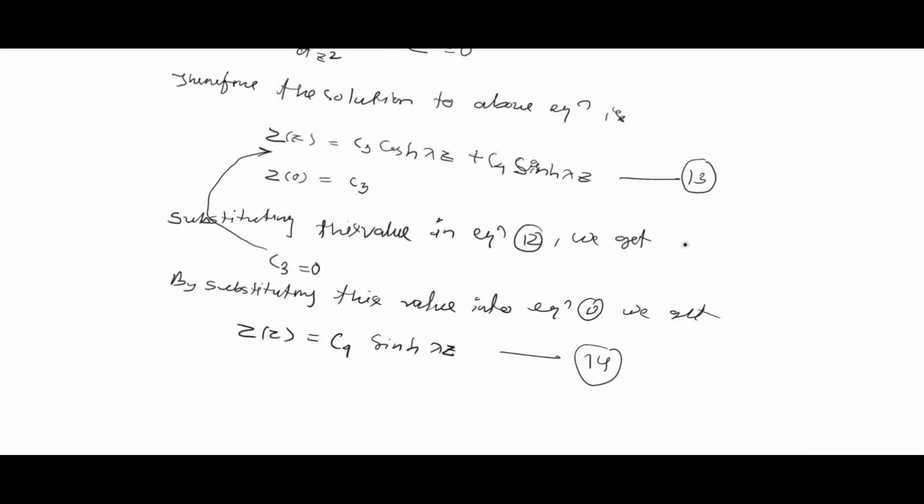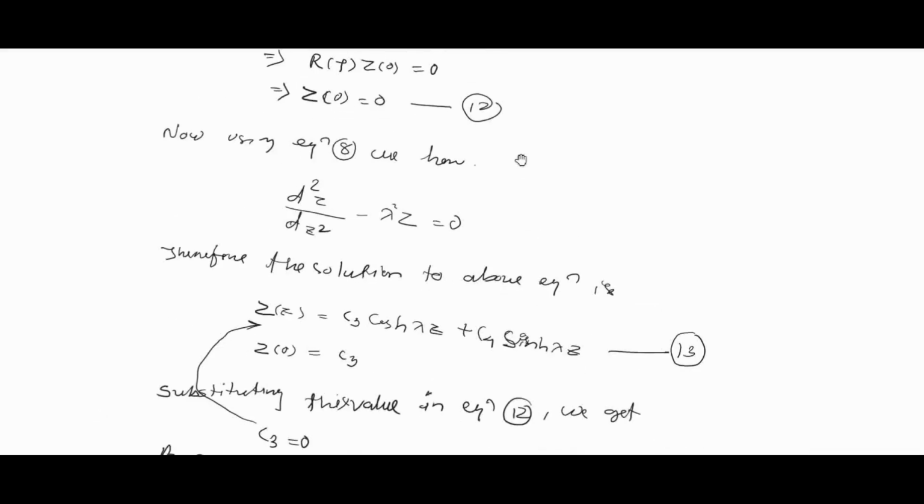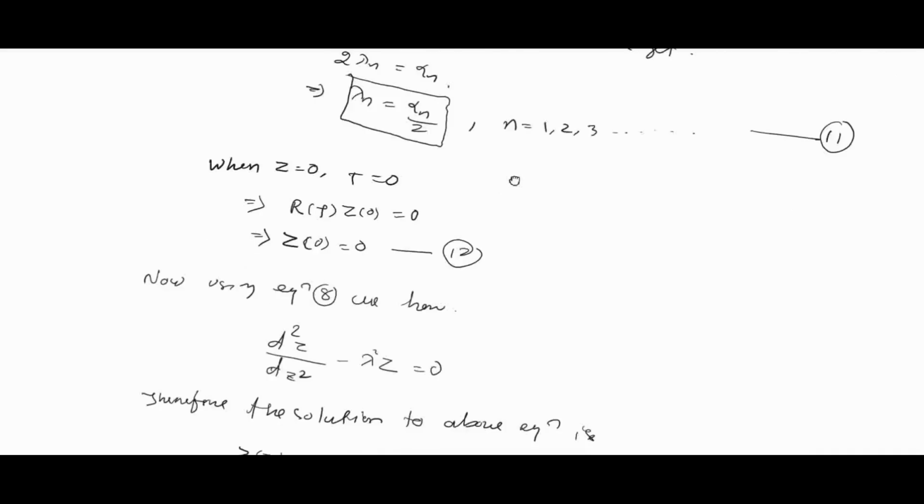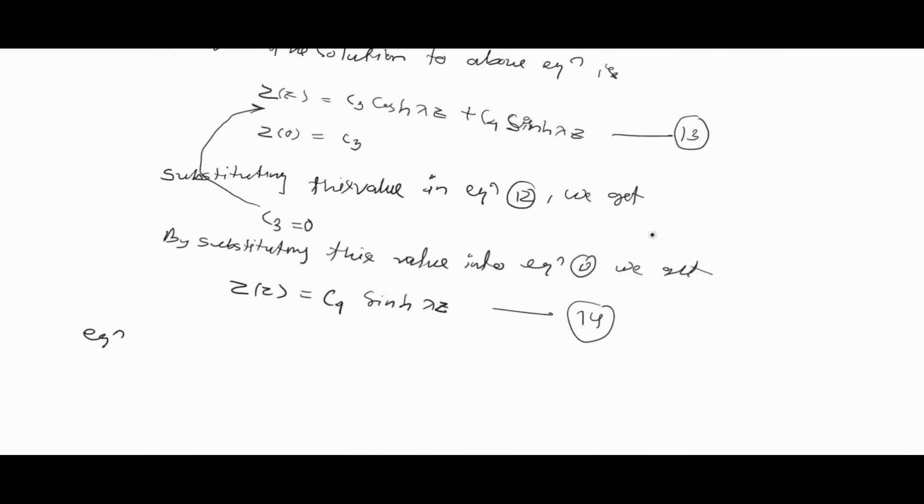So in generalized form, equation 10 and equation 14 can be written as: Rn as a function of rho is equal to C1n J0 lambda n rho, this is equation 1.